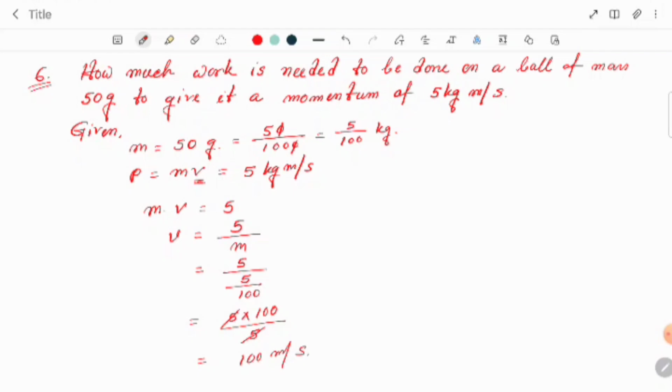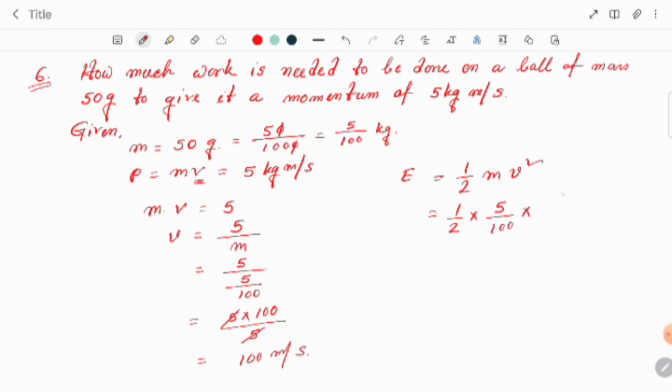How much work is needed? Here they have given the momentum. So we can say that work obviously is equal to the energy also. So we can calculate first the energy, how much we need to do that much work. Half m v square. Half mass is given, that is 5 by 100 into v square.